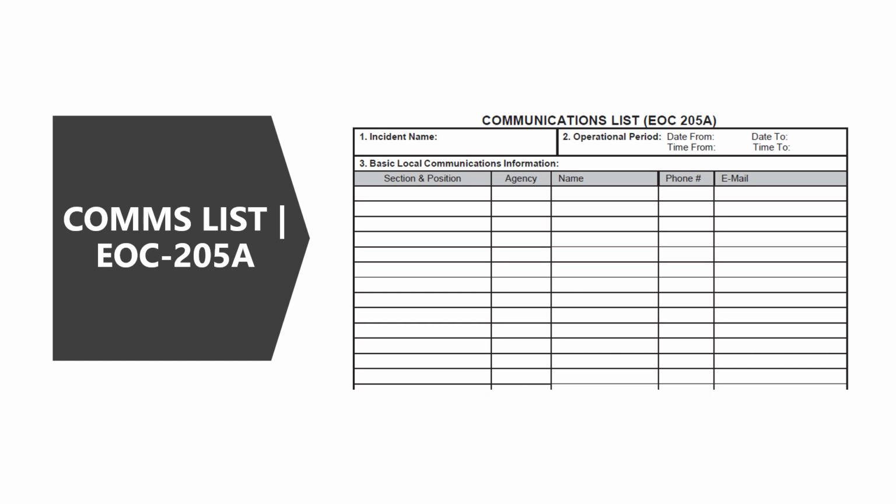We can then have their contact information, try to call their cell phone, find their location, make sure everybody's accounted for. This form is usually prepared by the communications IT personnel and with the help of the resource unit leader, and it's distributed with every EOC action plan.